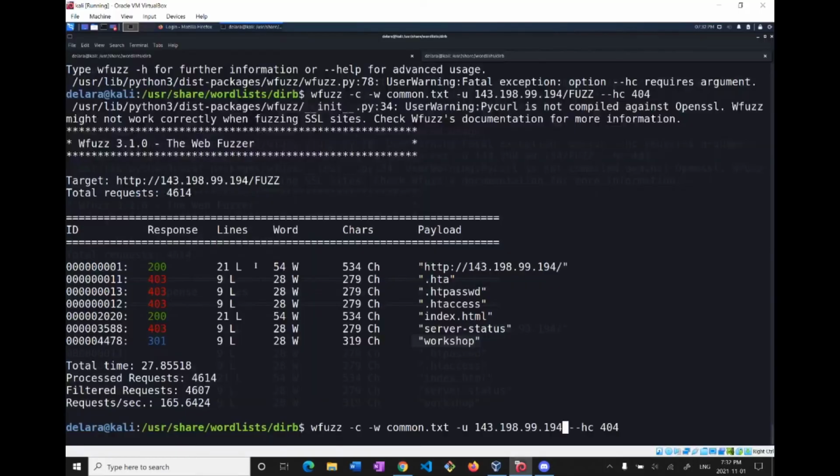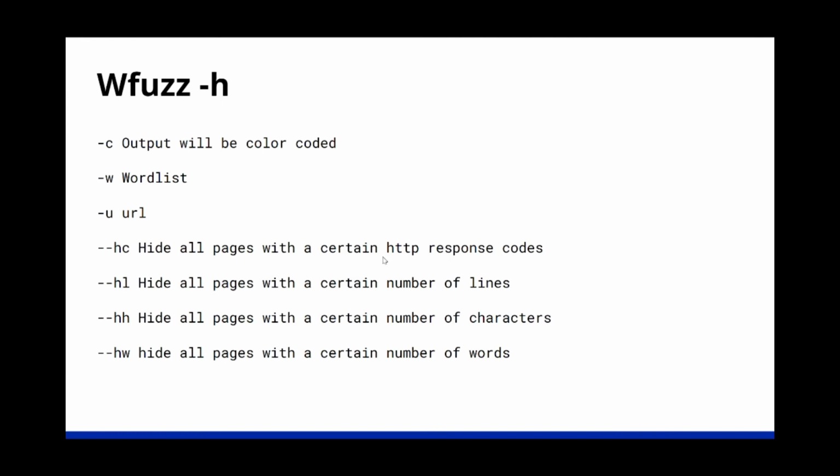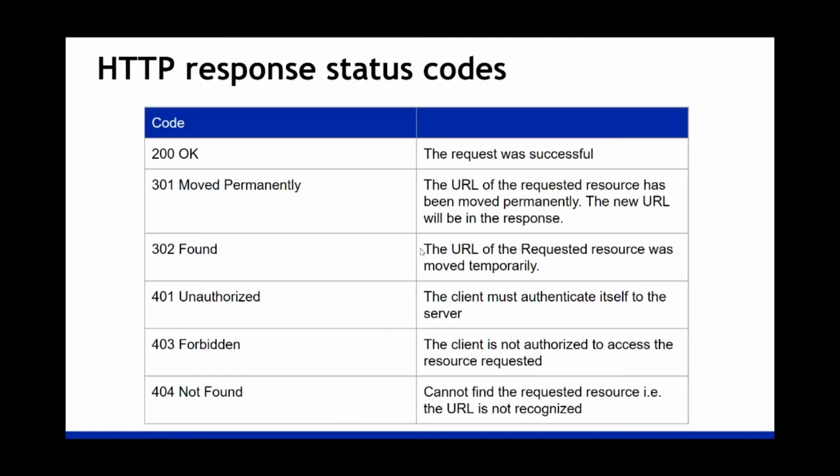So if you saw that we had lines and words and characters, and you know something is going to have 4 words, you want to hide something that doesn't have that. So like 54 doesn't come in handy, so you can hide it with --hw, right? With that said, our next challenge, review of the status codes.